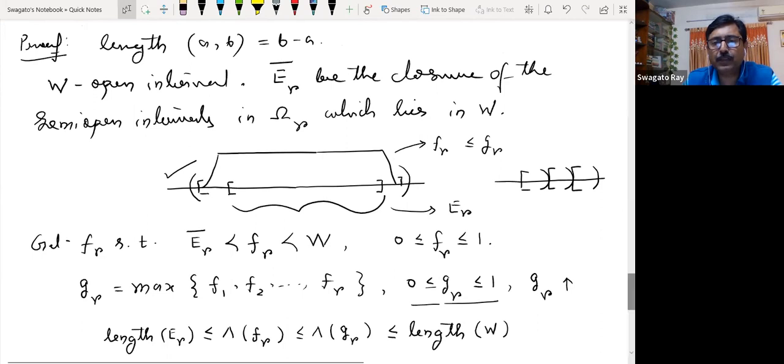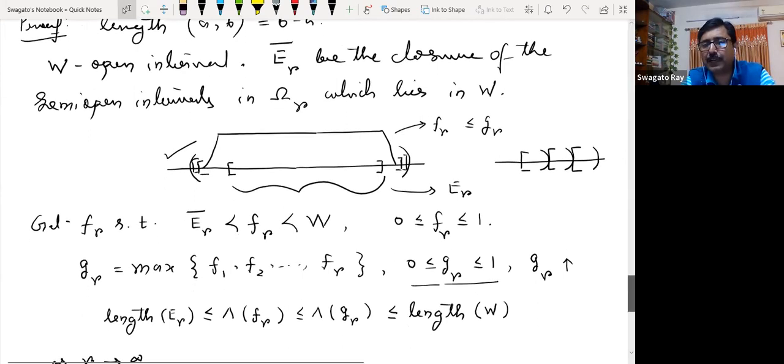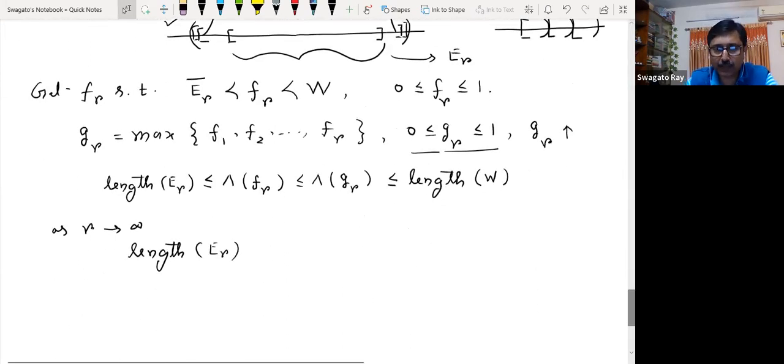If you choose smaller subdivisions, more sets will start appearing. So the length of these sets is actually going towards the length of W. Because more subdivision means you are allowing more intervals to come in. So this actually goes to the length of W.